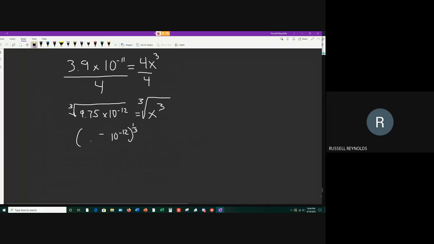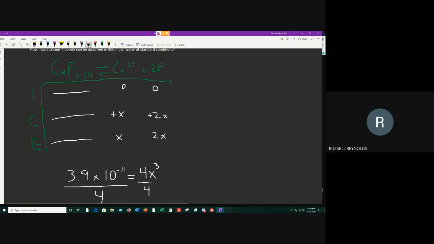So just in case you can't do a cube root on your calculator, you can do it that way as well. And so when we take the cube root of that 9.75 number, you'll end up with x equal to 2.14 times 10 to the negative 4.